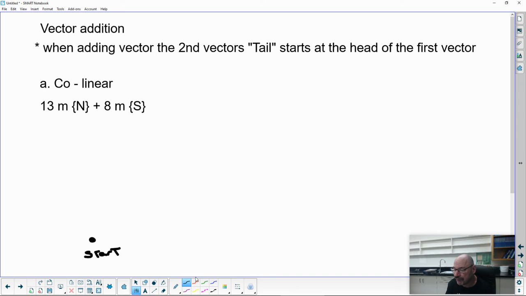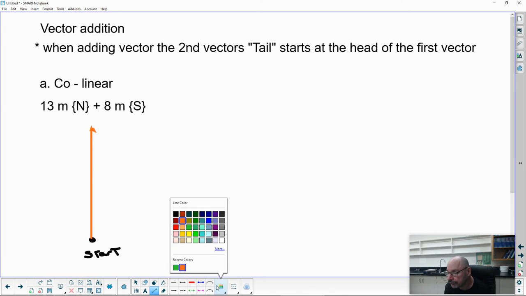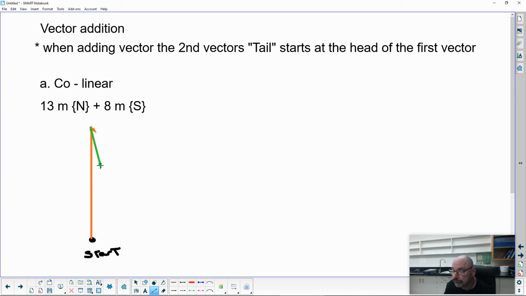I'm just going to draw a vector to the north, 13 long. And there's the head of the first vector. The second vector is going to come down 8 south. Here, I'll use a different color so we can see it over top. Okay, so there's our finish.